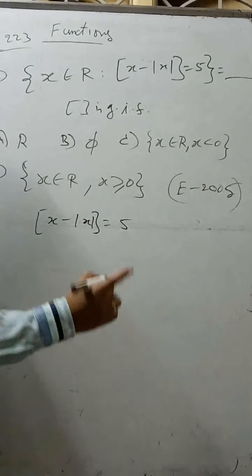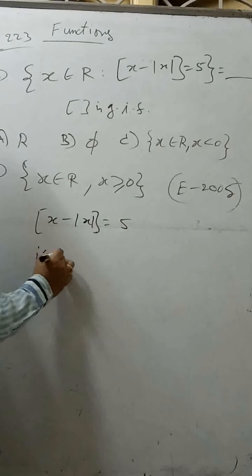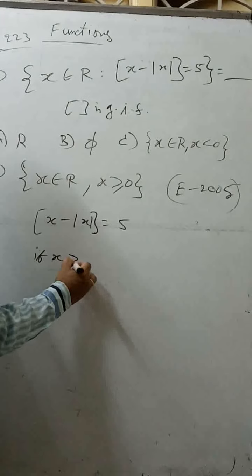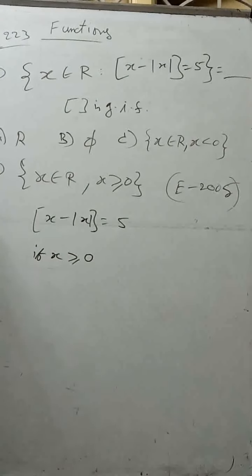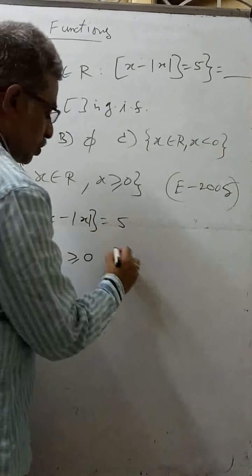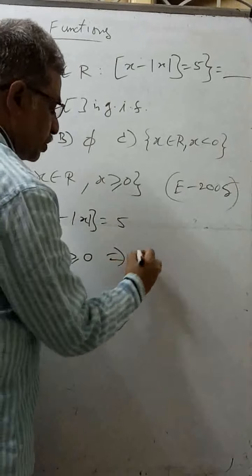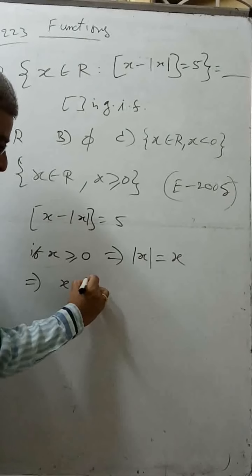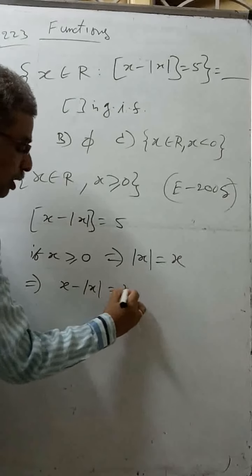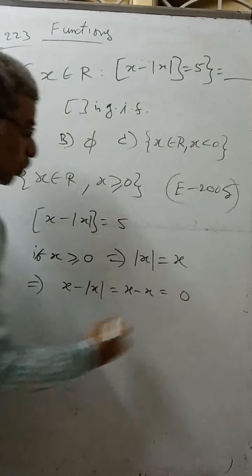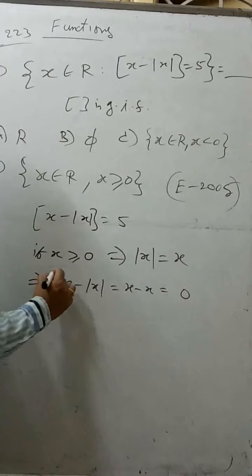When is it possible? If x is more than or equal to 0, what happens? X is more than or equal to 0, we know that mod x equal to plus x, which implies x minus mod x is equal to x minus x, 0. So step of this we need, means step of 0. How much? 0.